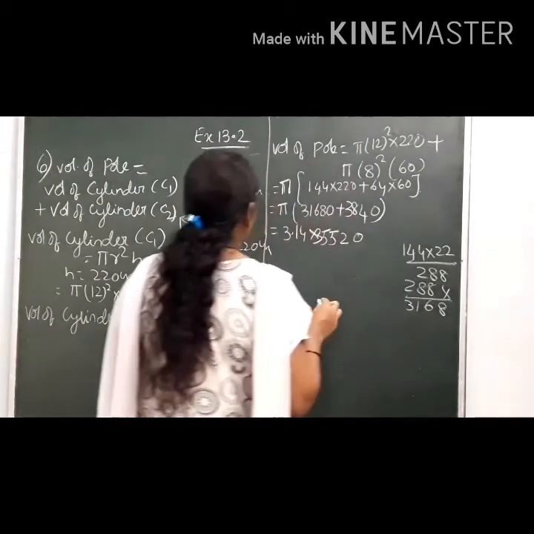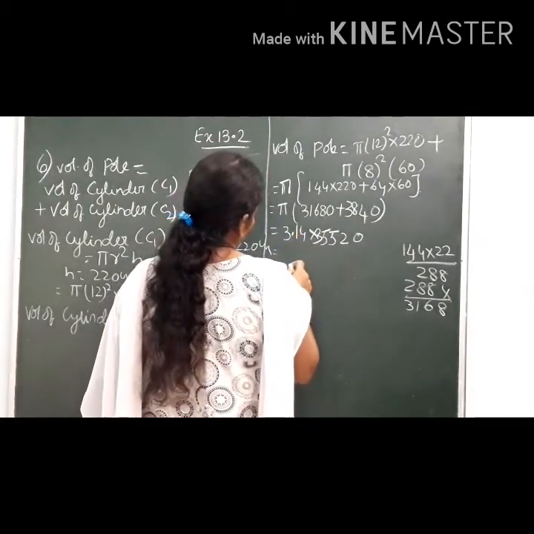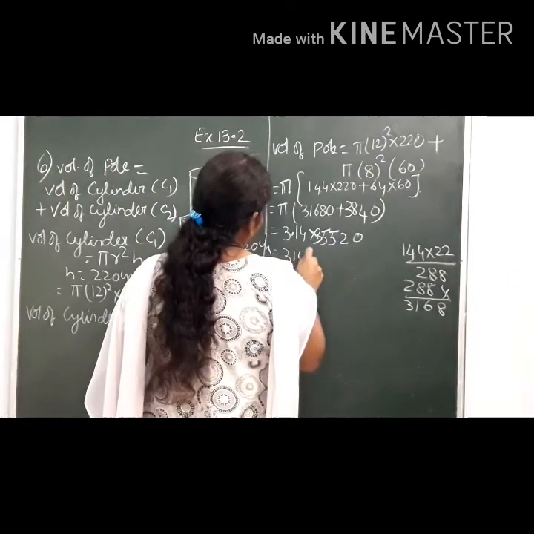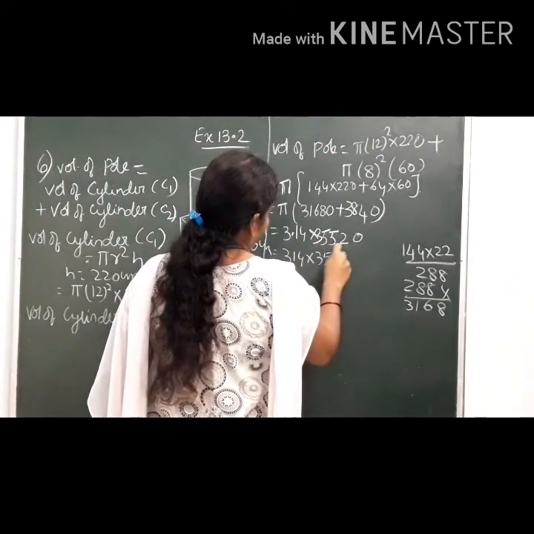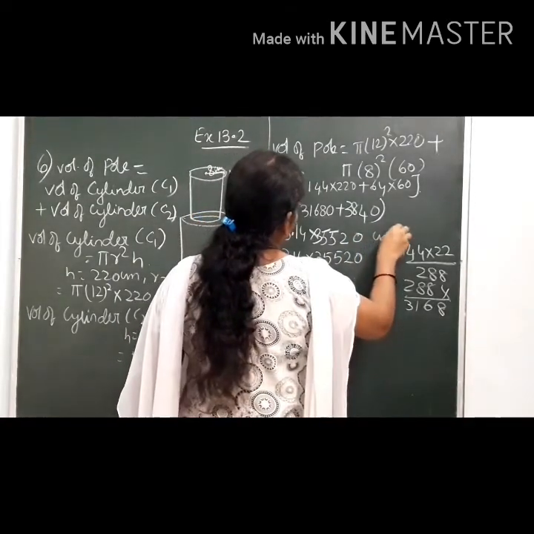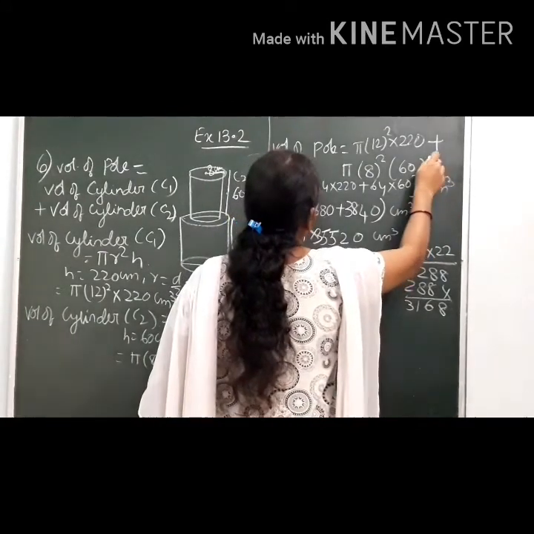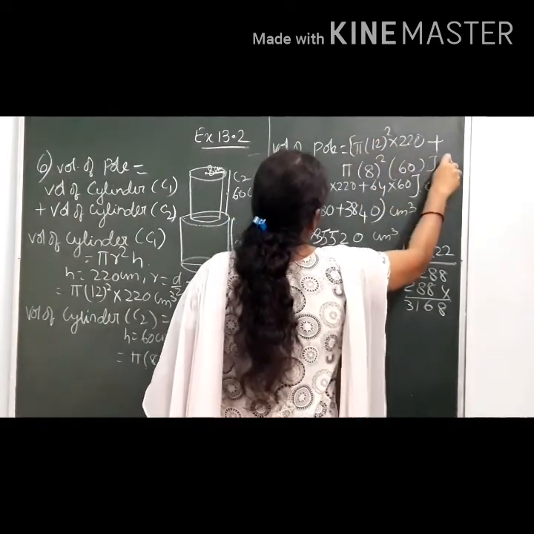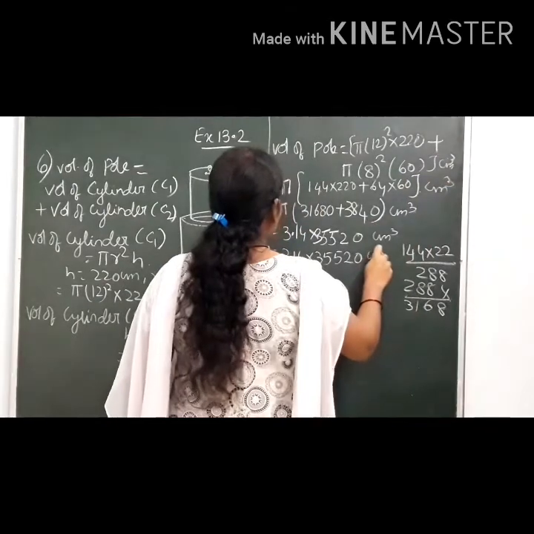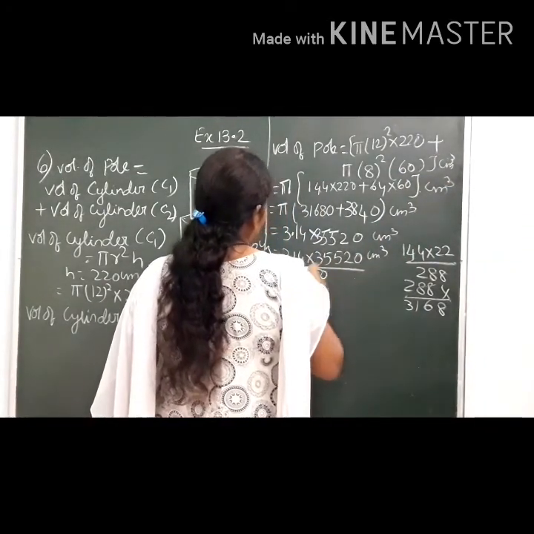The decimal point is there, so we can divide it by 100. So 314 into 35520 centimeter cube upon 100. Okay.